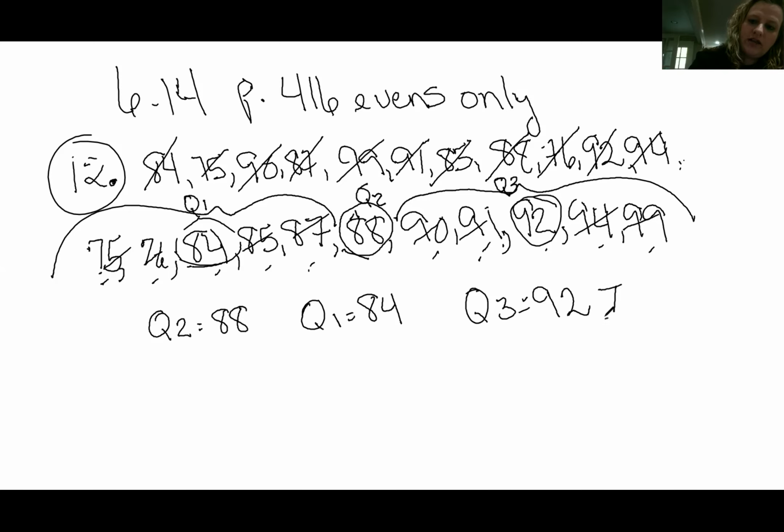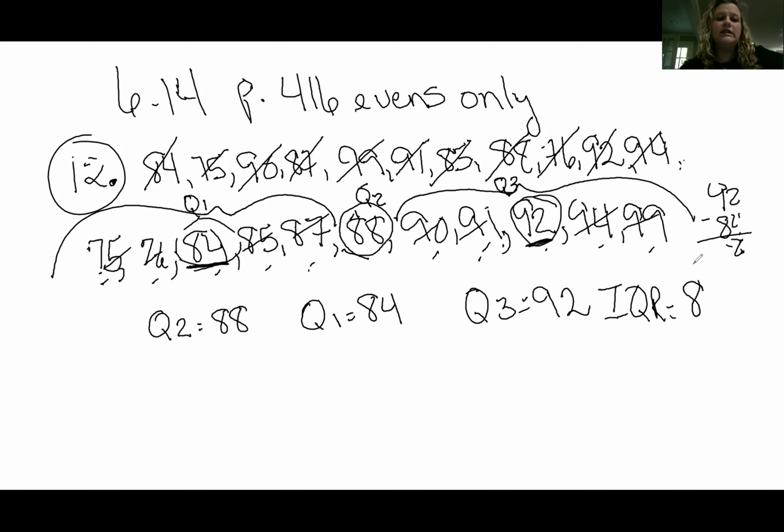So IQR, and this is where you take quartile 3 and quartile 1, and you subtract. So 92 minus 84 equals 8. So your interquartile range is 8. And that's it. So on those, it's not asking you for median, mode, not even the total range.